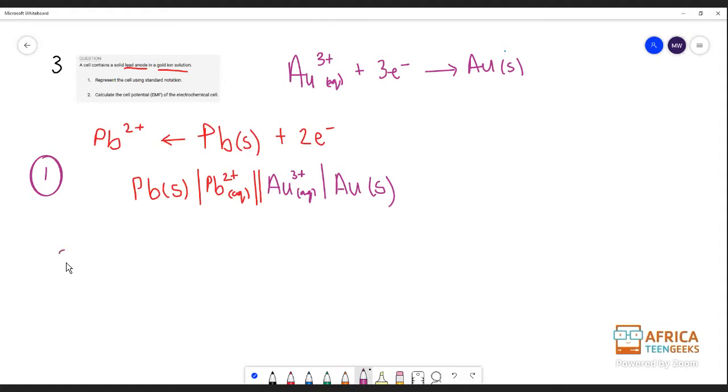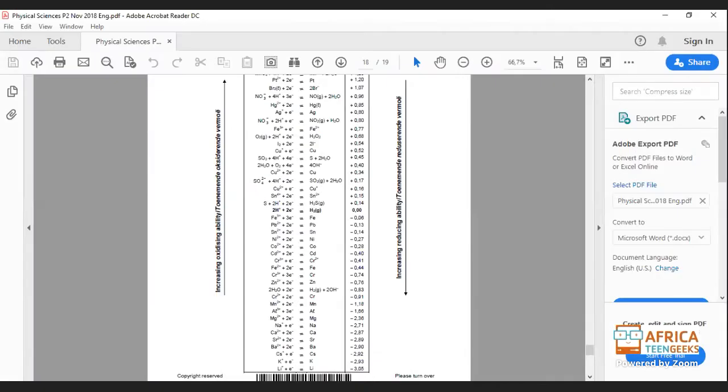Then the second bit, they ask us for cell potential. So now we are going to use our table. And I can just show you it again. So from the table, your Pb, your lead, is over here. Okay, it's got a value of negative, I'm just going to write it next to that reaction, negative 0.13 volts.